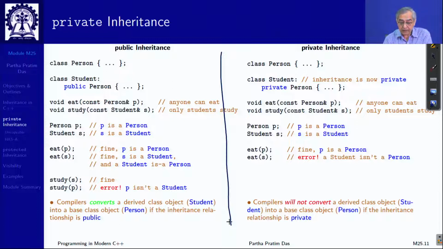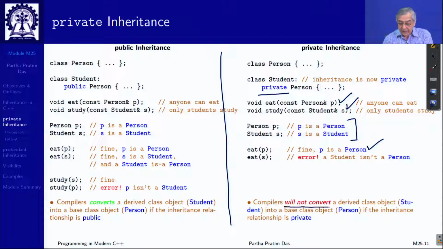Come to the right side, change it to a so called private inheritance. These functions are the same, the creation of the instances are the same. Now, a person P can eat, so this is fine.